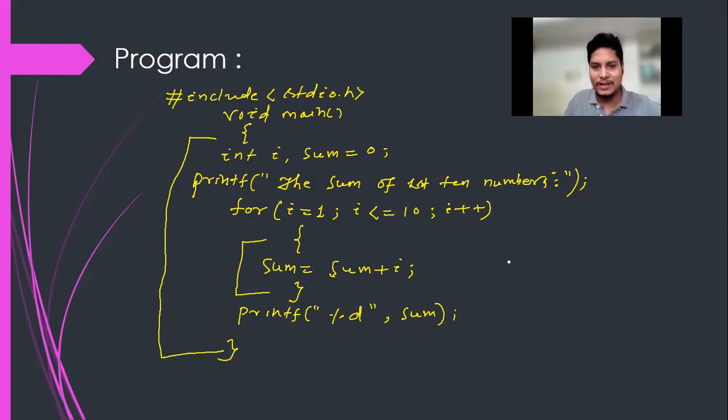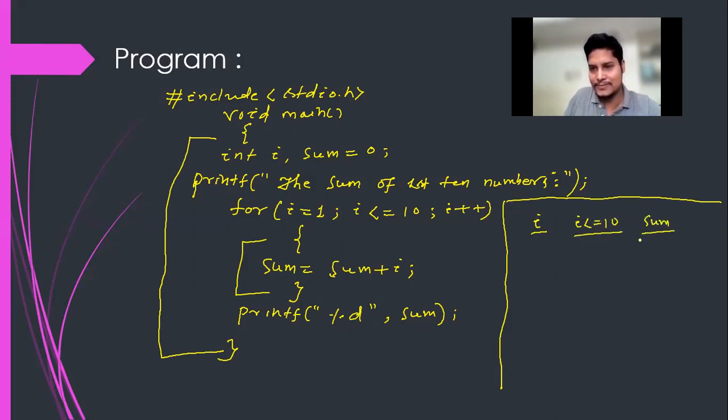So here, how does the control go? Here I'm explaining: i, then i <= 10, then sum. Here you can see i = 1, the initial value of i is 1.